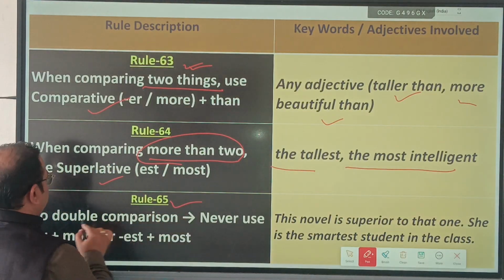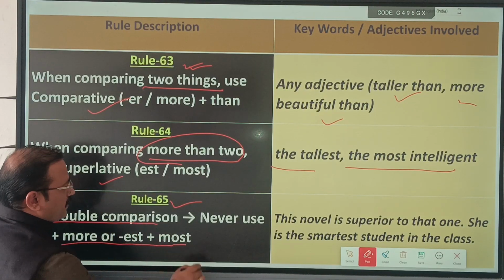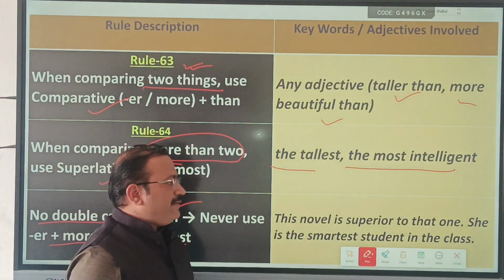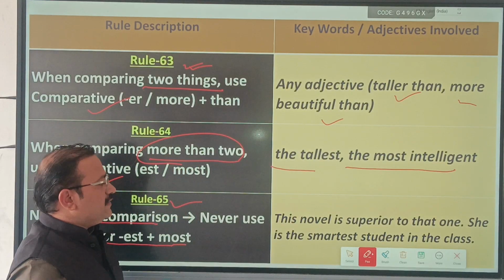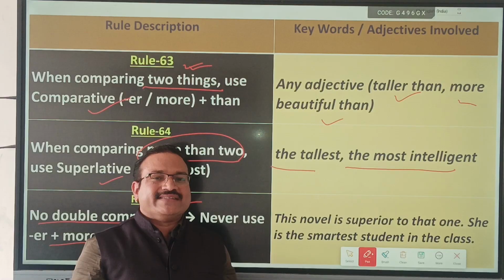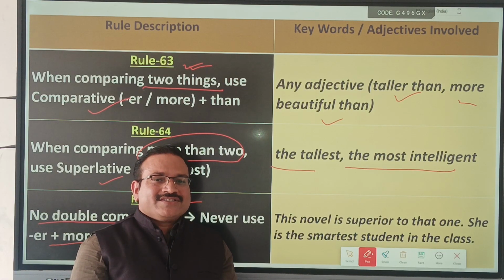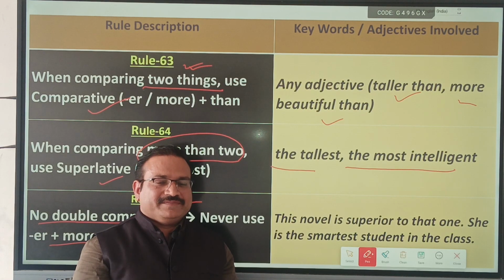Rule number 65, no double comparison. Never use more or most here. Double comparatives and double superlatives are not allowed in sentences. We cannot say he is more better than his brother.